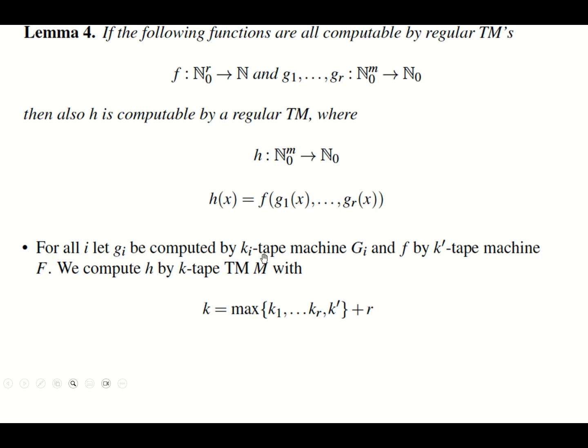I might as well just say that I use as many tapes as I like, and then we'll see along the road how much I need. 10 million tapes. So I have no bound there, but this is exactly the lower bound I will need at most. Whatever tapes are needed to compute f and g, the biggest amount, plus r.